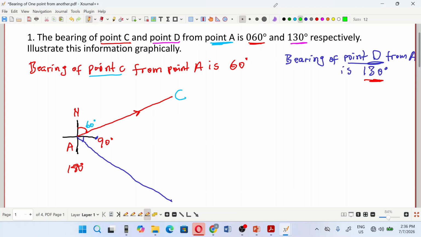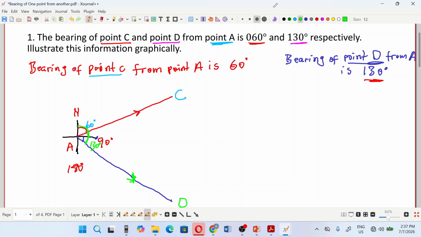Now the whole of this angle coming towards it, because I'm looking for 130, is going to be my 130, and that's point D. Remember, this is D. It says from A to D. So the whole of this is also going to be my 130 degrees. Please, I hope that is clear.